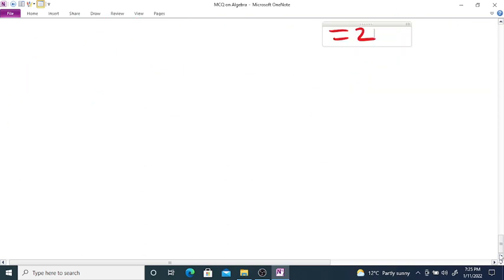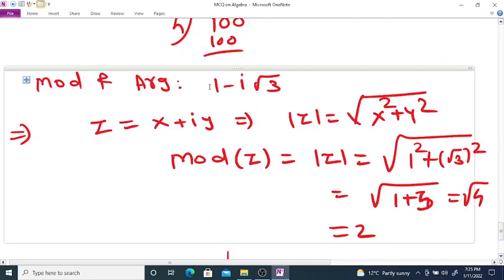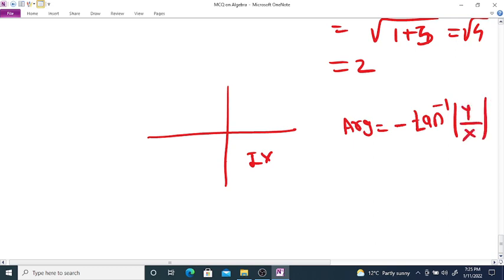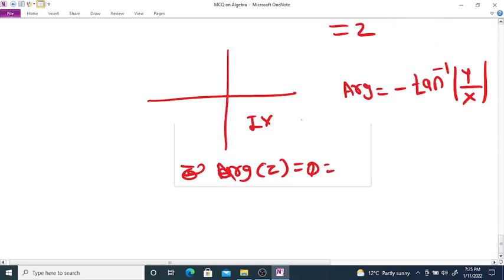Now we want to determine the argument. This complex number has x positive and y negative, that is, the imaginary part is negative, so it lies in the fourth quadrant. So the argument of z, theta, is equal to minus tan inverse of the modulus of y by x.